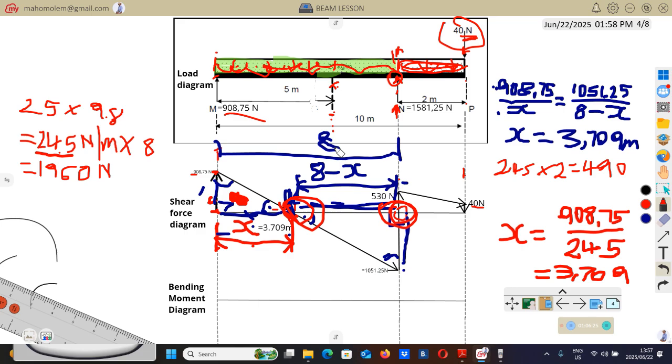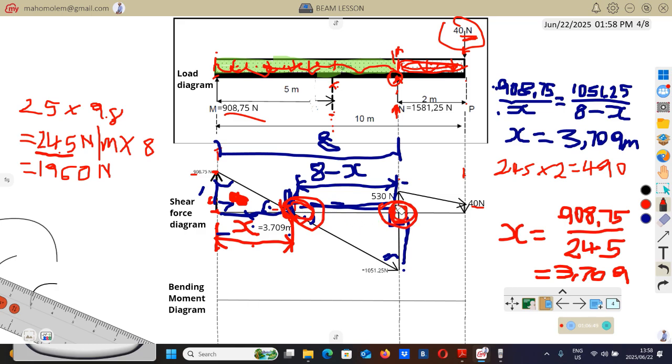So by drawing this shear force diagram, we are trying to find where this beam is going to fail due to bending. So we're trying to find where this beam will bend too much compared to the other parts of the beam. It will either be here or here.